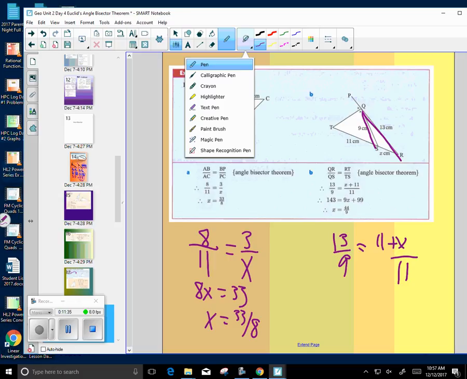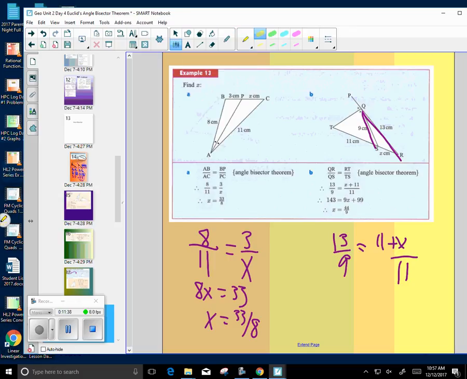So think of it this way. 13 is to 9. Those are the lengths, kind of like the outside, except it's the middle this time. And then you're going to go from the whole to the short, 11 plus x. And then you can do the algebra for that. I don't need to. They've got it all worked out here. You'll get 44/9.